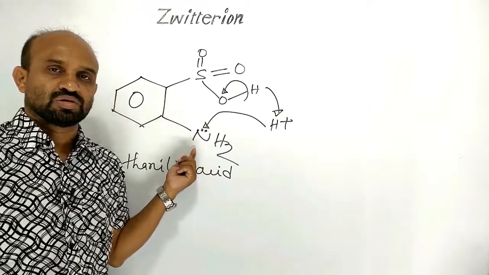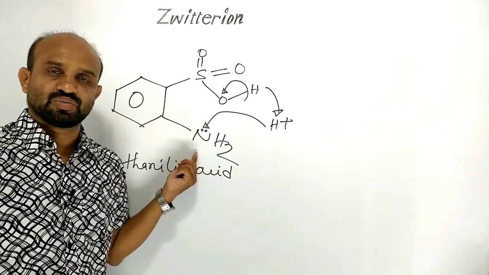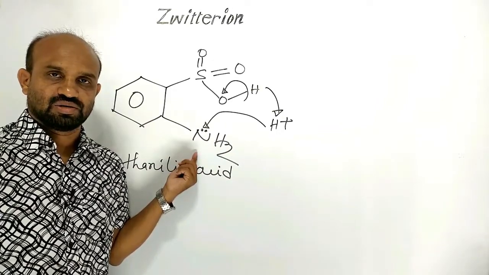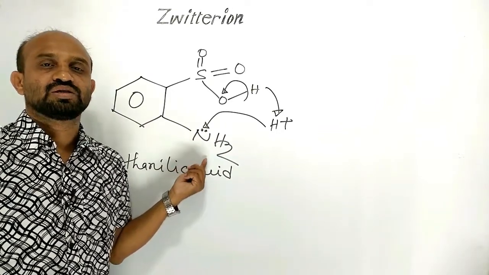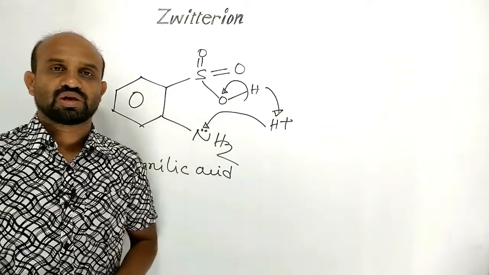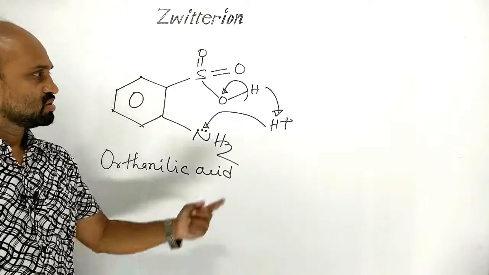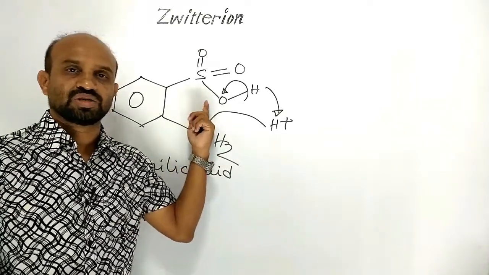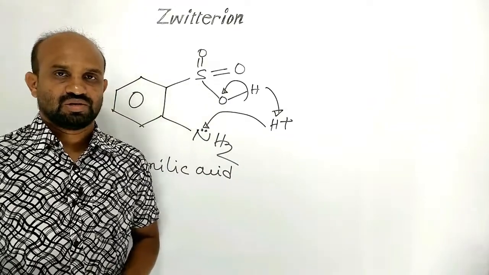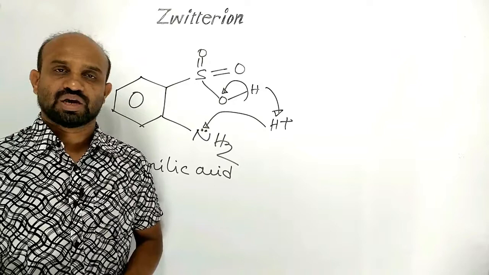According to the Bronsted-Lowry protonic concept, the amino group is a proton acceptor. That is why this is a basic group. According to the Bronsted-Lowry concept or Lewis concept, the sulfonic acid group is a proton donor. According to the Bronsted-Lowry concept, this is an acidic group.